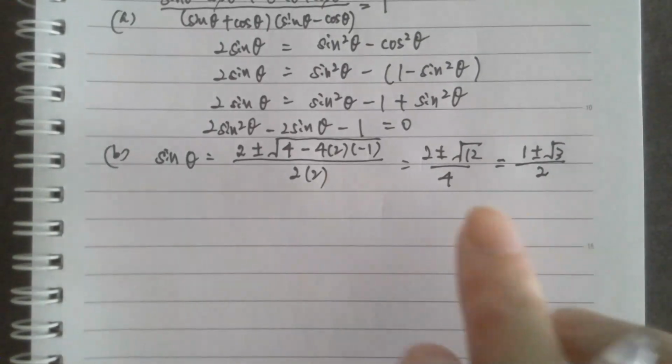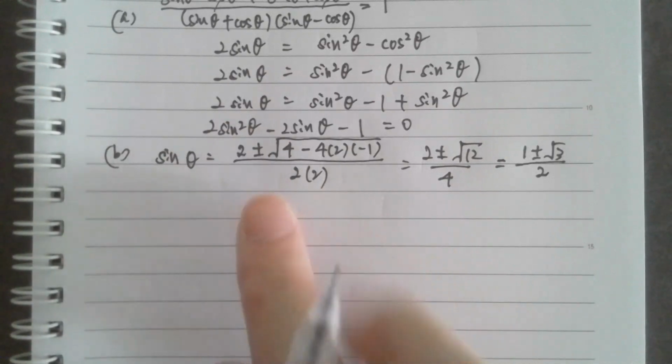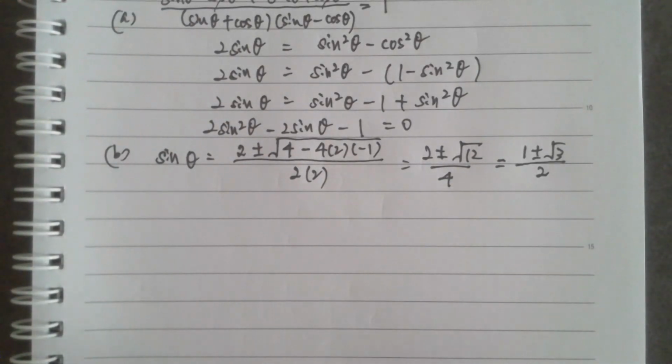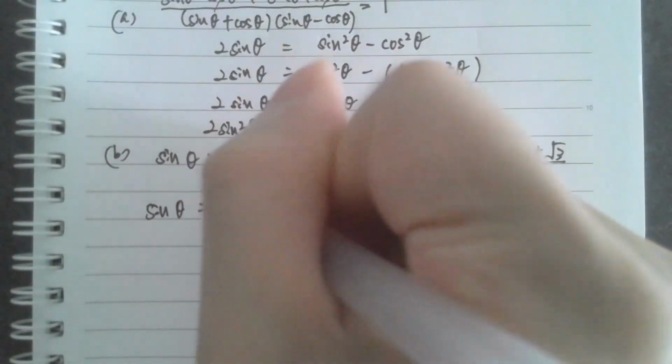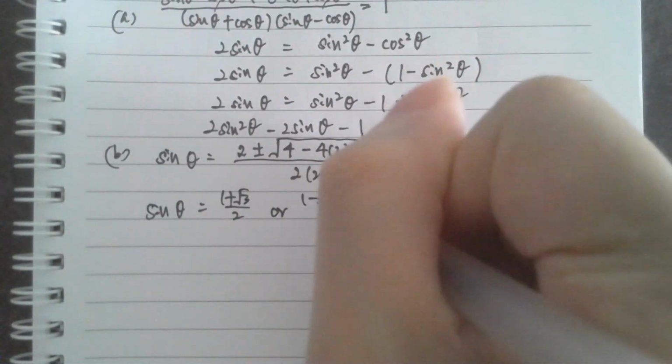Alright, there's no need for you to go to this extent. If you don't want to, that's fine, you can use a calculator, since eventually we have to use a calculator to solve for theta. But here we can see that there are two values. Sine theta is either 1 plus root 3 over 2 or 1 minus root 3 over 2.